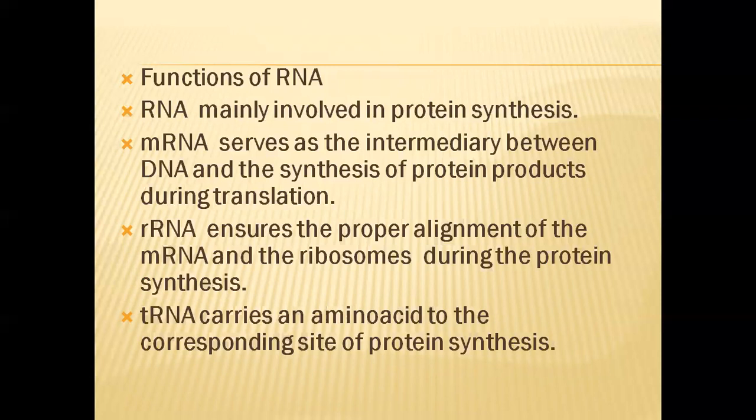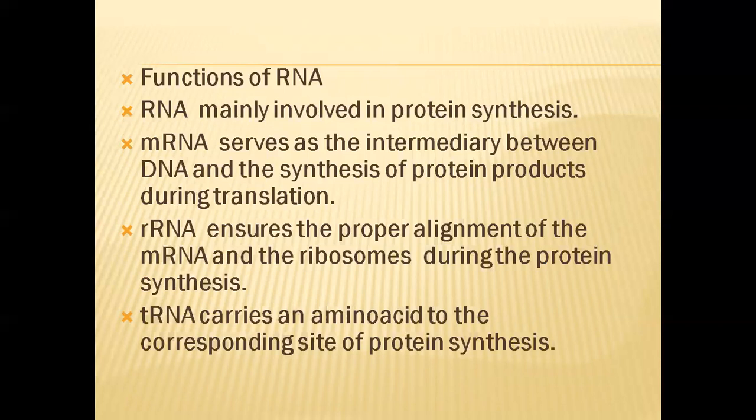Already we learned that mRNA consists of the genetic information which came from the DNA. That genetic information is present in the form of triplet codons. So depending on the genetic information in the mRNA, the amino acids come.